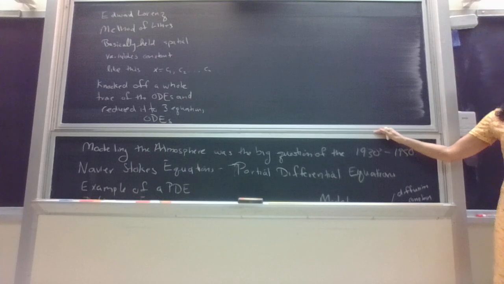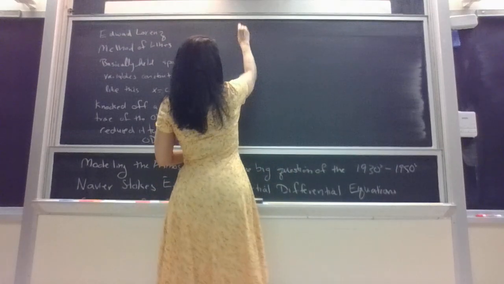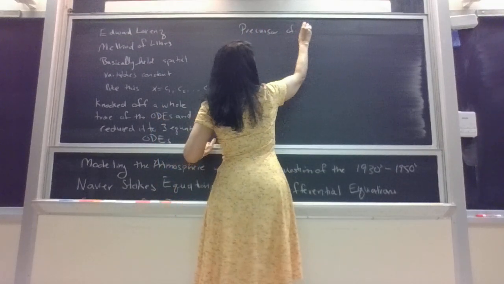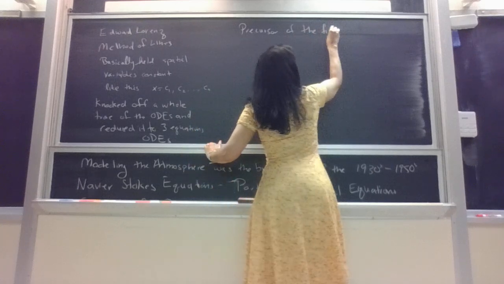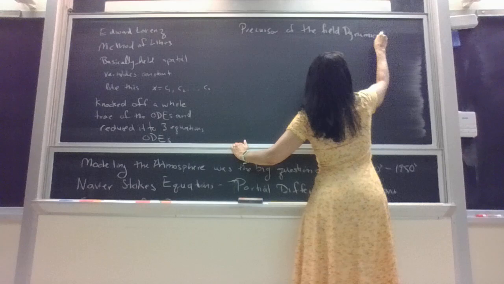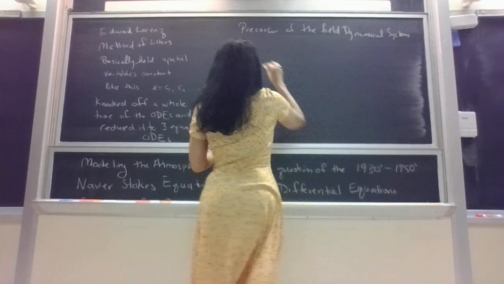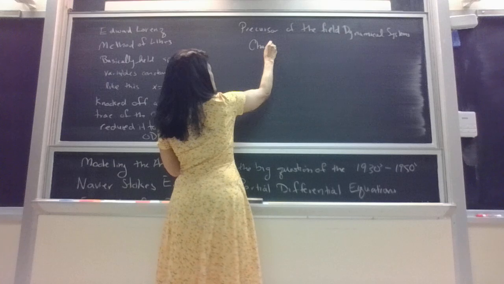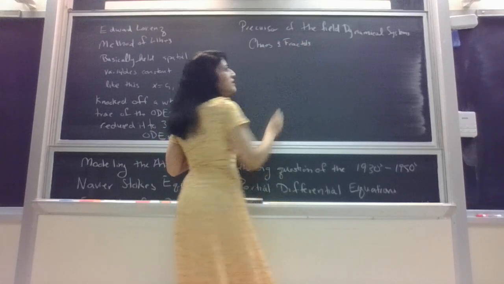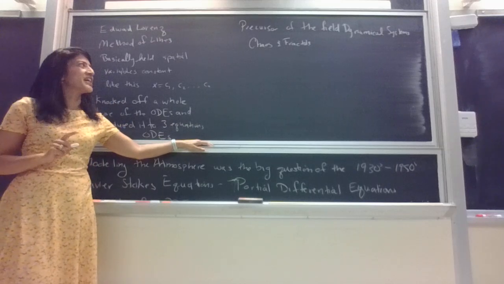But this is the precursor to the whole field of dynamical systems. And you have a course offered next fall called Chaos and Fractals. And it's taught by Dr. Groth, I think, or Dr. Moen. One of those 2 is teaching that class.